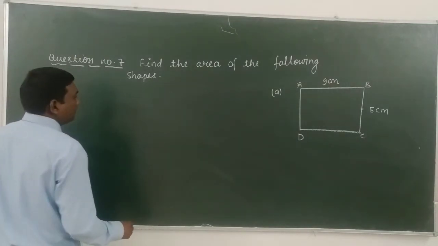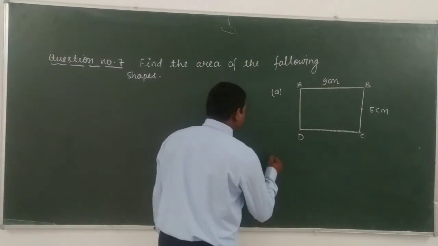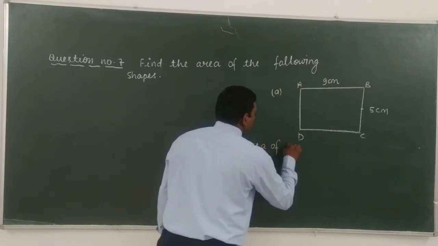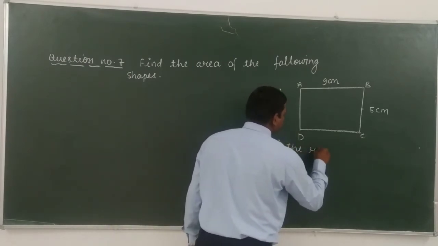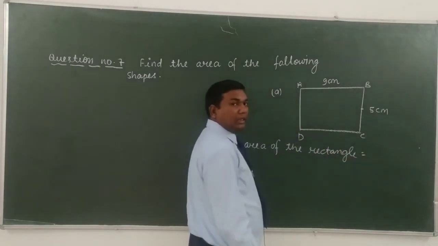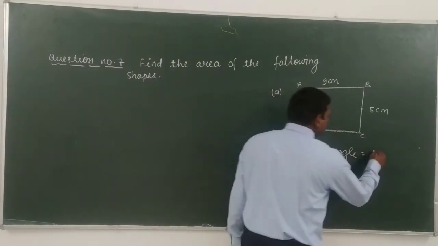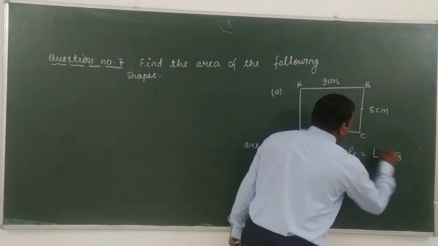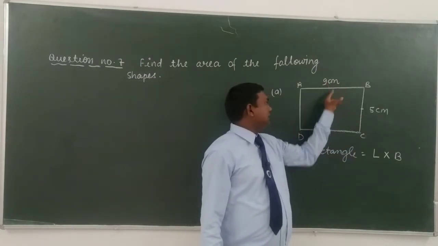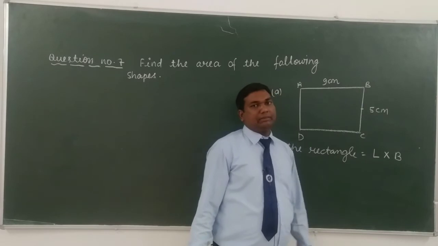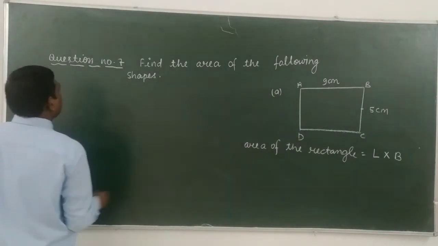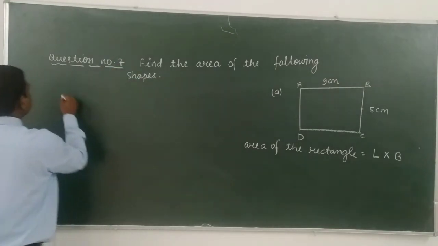And we know that the formula of area of the rectangle is equal to length into breadth. Here given that length is 9 centimeter and breadth is 5 centimeter. Now let's start the solution of question number 7 of A.